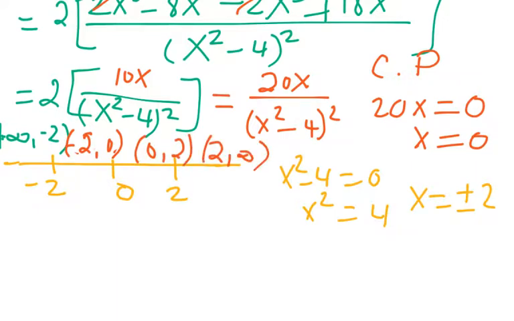So those are the intervals, and then we can do a test point. Based on my test points, it's going to be negative, negative, positive.